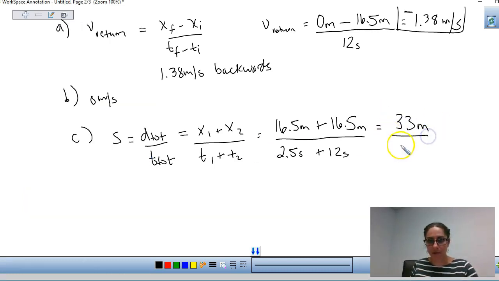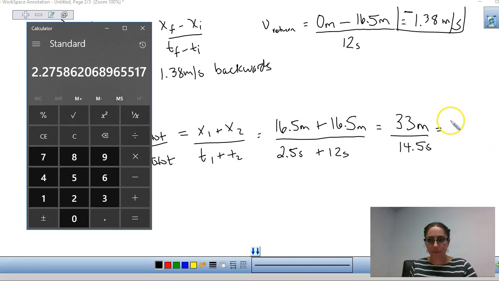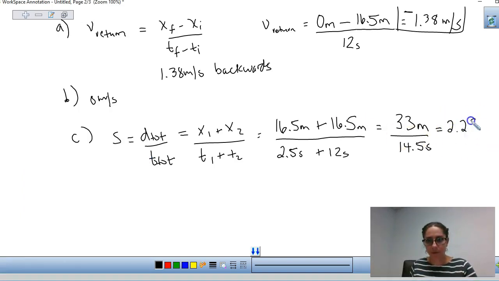Again, you don't have to do it as explicitly as I'm doing it. I'm just showing you all my steps. So 33 divided by 14.5. Oops, 14.5. 2.28 if I round it, if I saw that correctly. Okay, so that is the final answer.